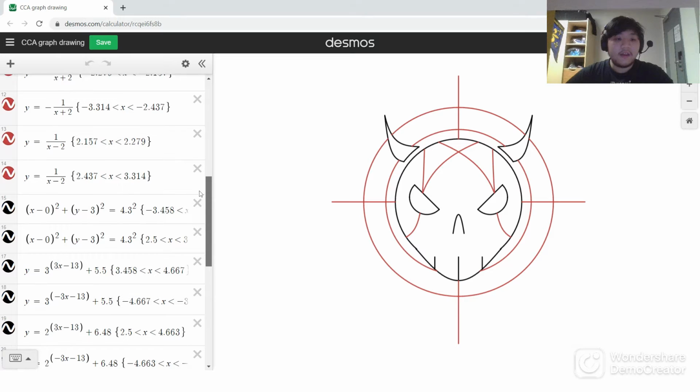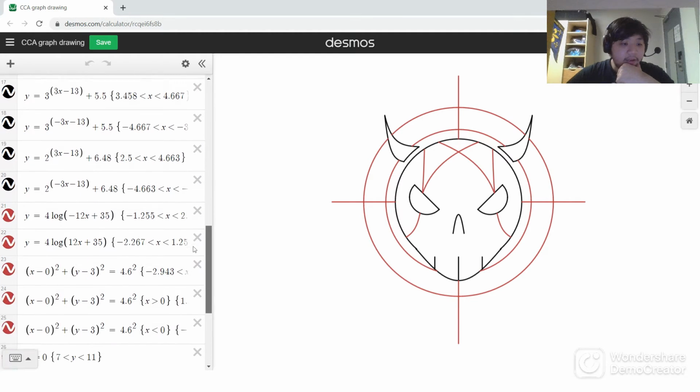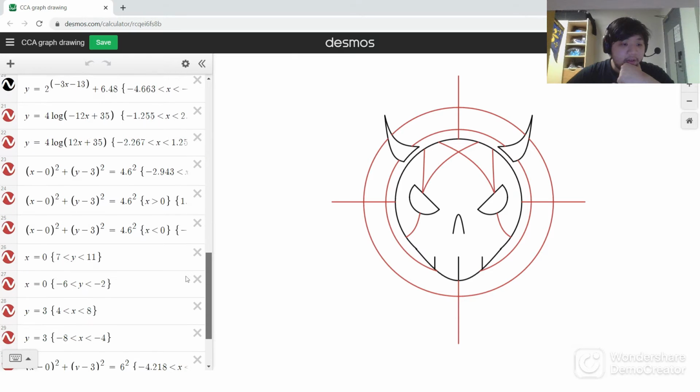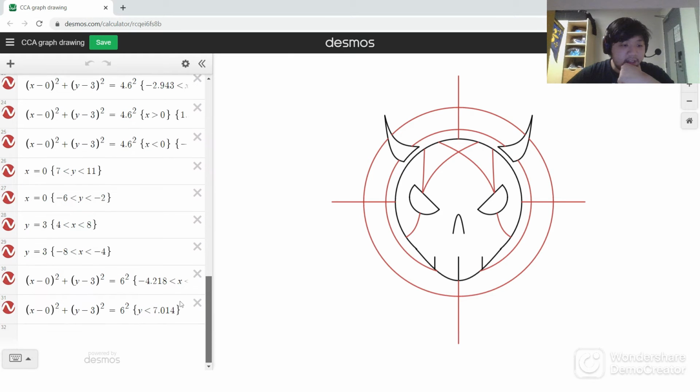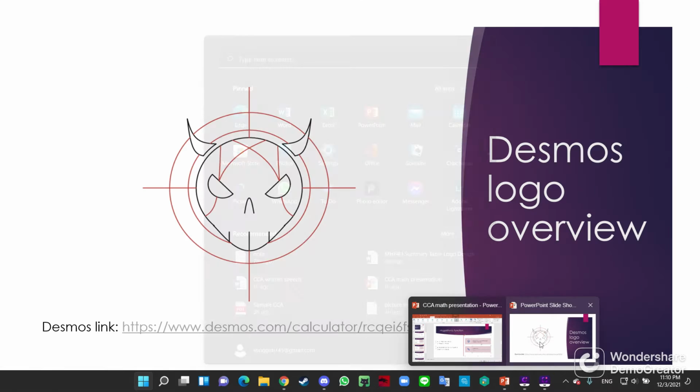Overall there is a total of, let's see, 31 equations. Some of them are recurring because of restriction rules, so that should be around 28 to 31. That is the total number of functions that I put in to create such a logo.